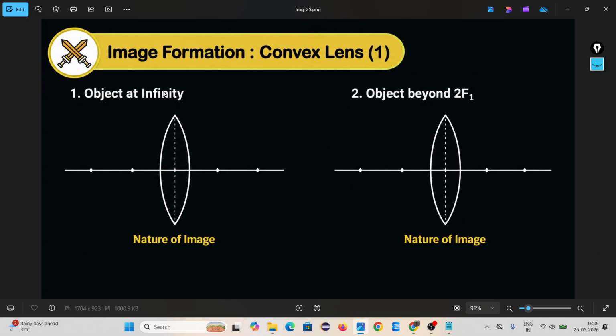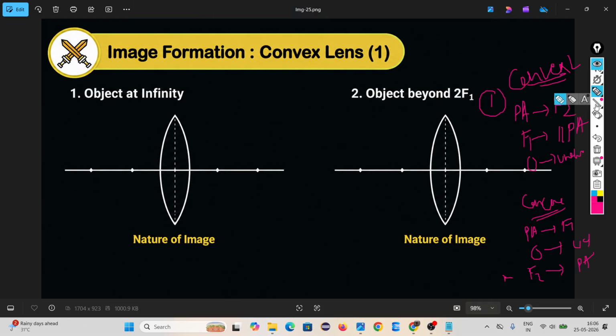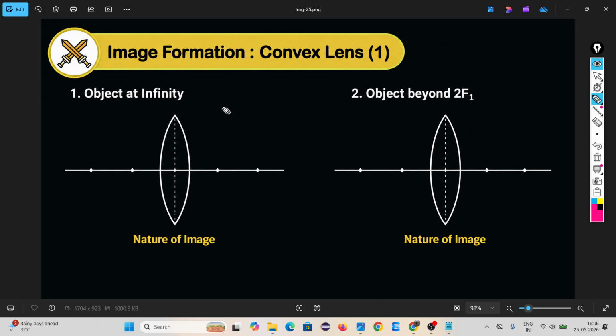Come to convex lens image formation. You remember the 6. Here we will learn for convex 6, for concave 2. Total 8 cases. Object at infinity.